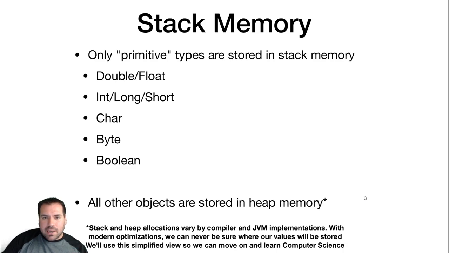But your takeaway, even after this course, is going to be that when I have an object, it's stored in the heap. So it's always passed by reference. I never actually have a variable that stores an object. I have a variable that stores a reference to an object in the heap. And if you don't understand the implications of that in your code, then you're going to get in big trouble.